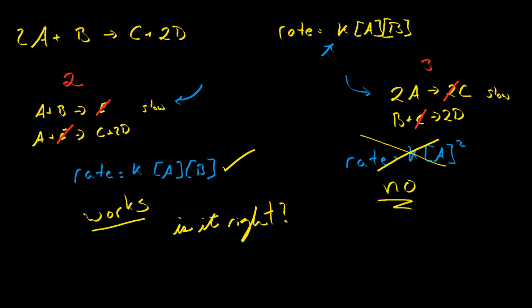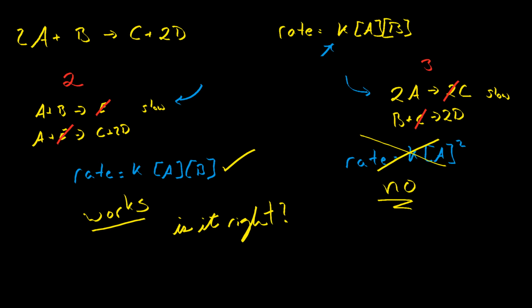In this case, if I wanted to test this experimentally, I would go in the lab, set up the reaction, and look for the presence of the intermediate E. Maybe it's reactive in some way. Maybe we could set up another reaction that would siphon off E as soon as it was formed to prevent the formation of C plus 2D, right?